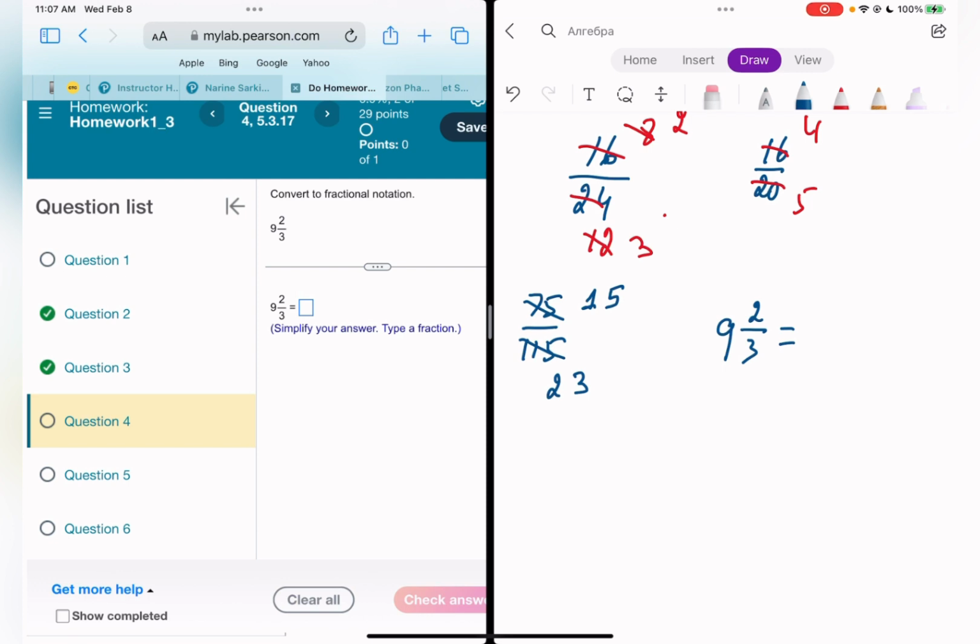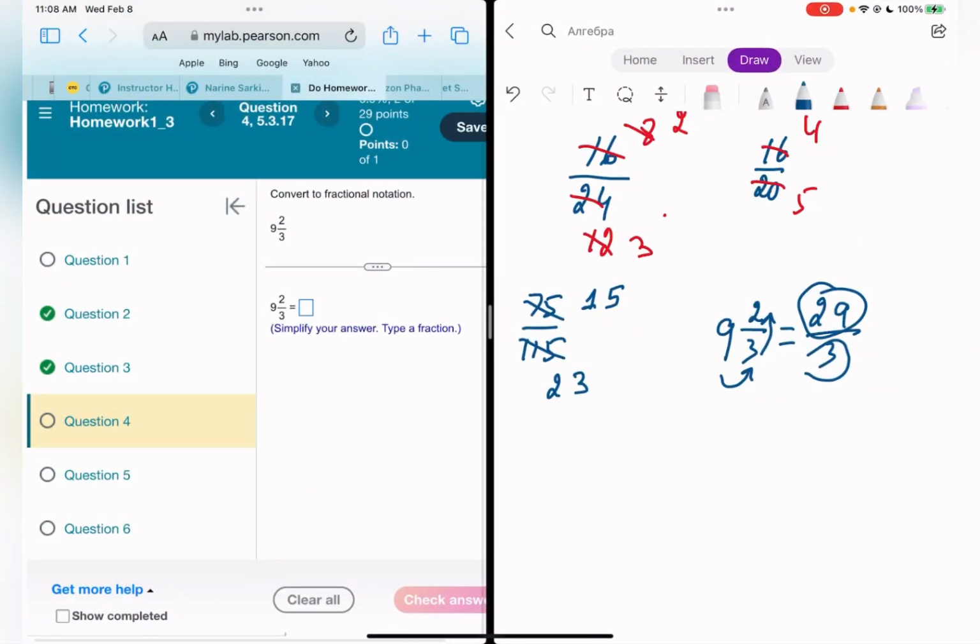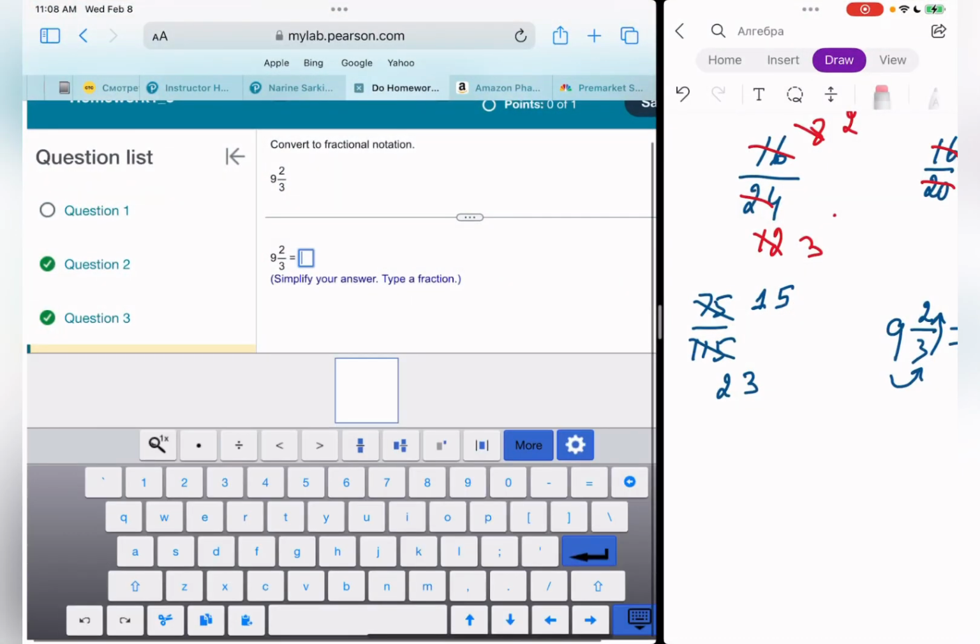I take this 9, multiply by 3 is 27, and then add 2, 29. 29 over 3. Whatever conversion we do, the denominator, meaning the bottom, is going to stay the same. All changes are applied to the numerator. So we get 29 over 3. Let me write it down: 29 forward slash 3.